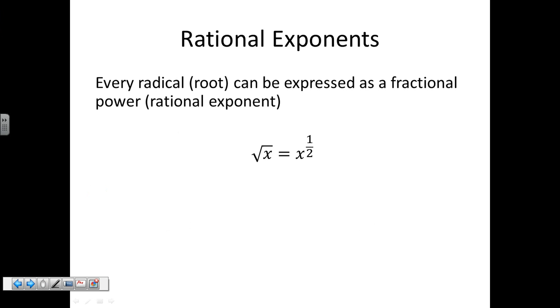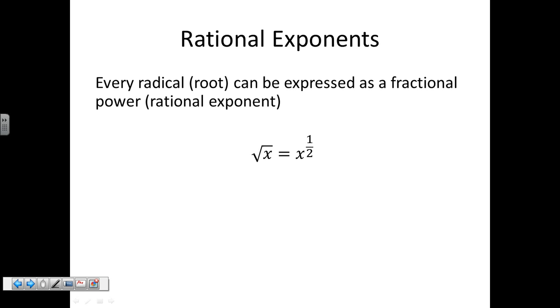Now, what you need to realize, and here's the real magic of this, is that every radical or every root can be expressed as a fractional power. That's what we're talking about when we talk about a rational exponent. We see a fraction in the exponent, and what that fraction is telling you is that it is a radical, it is a root.